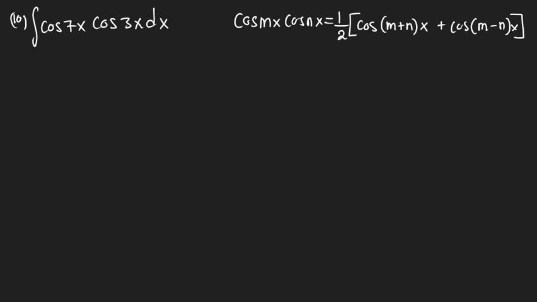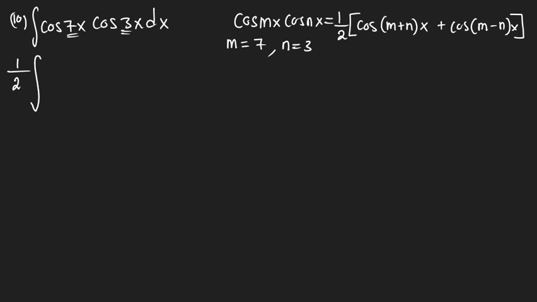Now, you look at this particular integral. Your m is simply this guy here, which is your 7, and this guy here is your n. We can factor out the 1/2.